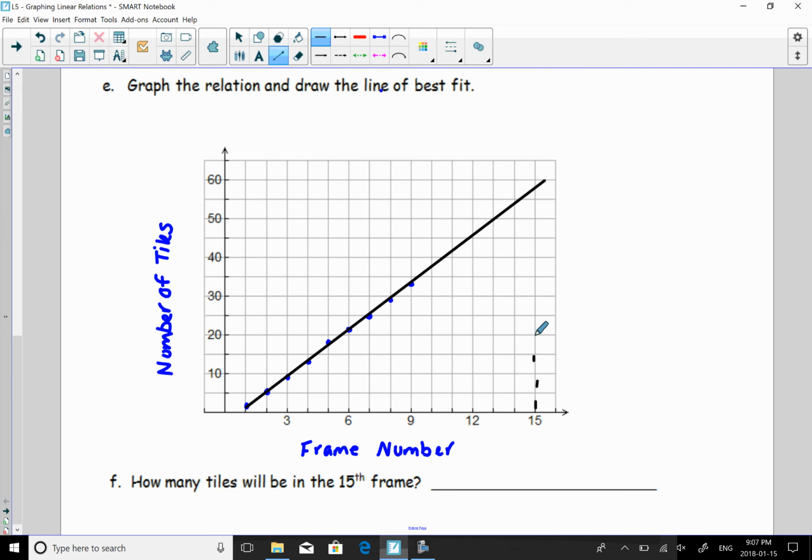Just follow up on 15 and go across. Oops. There's my dotted line. So from there, let's see what it goes to. It's approximately 57.